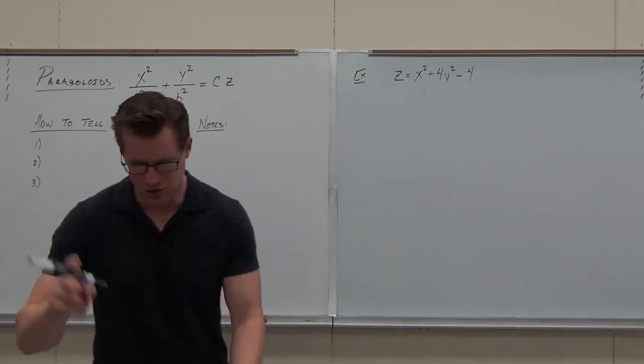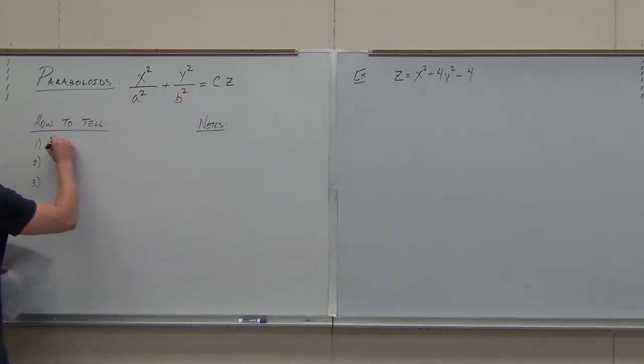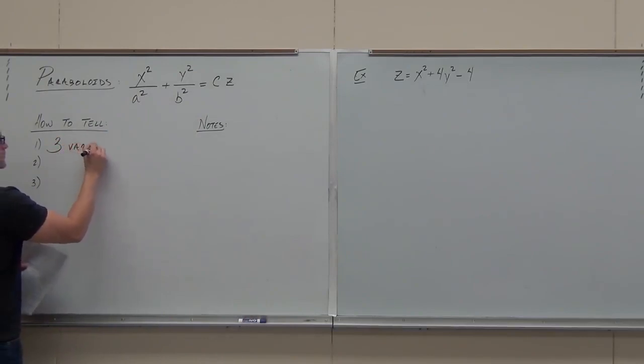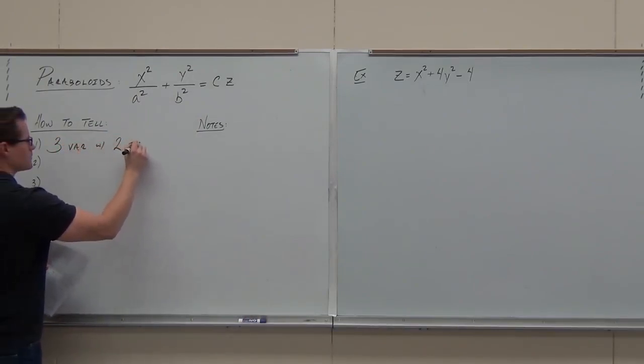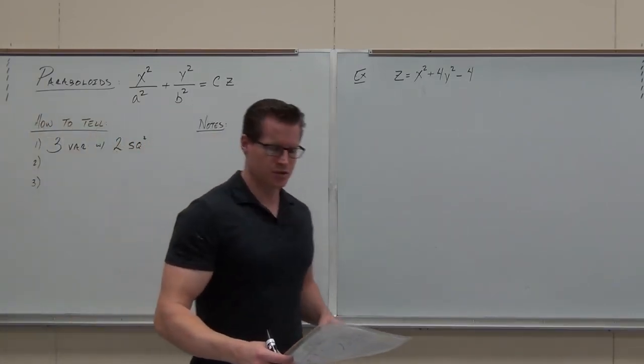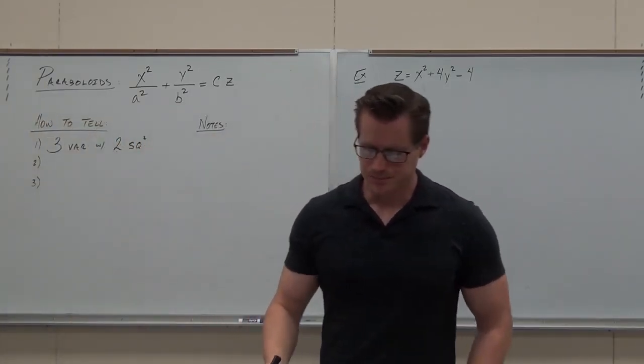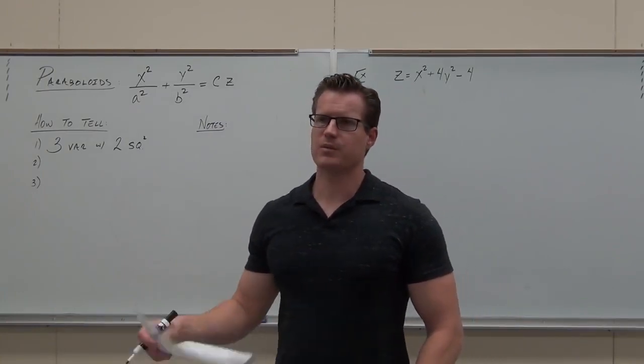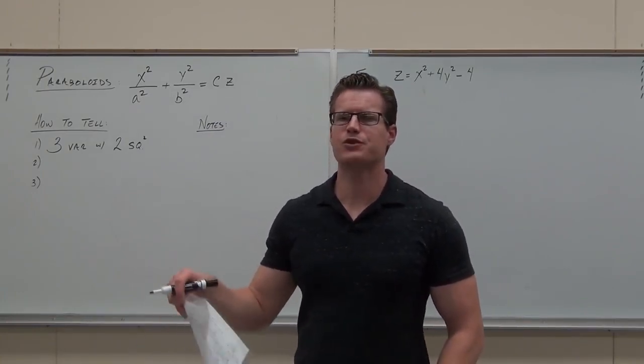3 variables with 2 squares, that's the first one. Three variables with 2 squares. Also, the variables with the squares have to be positive.